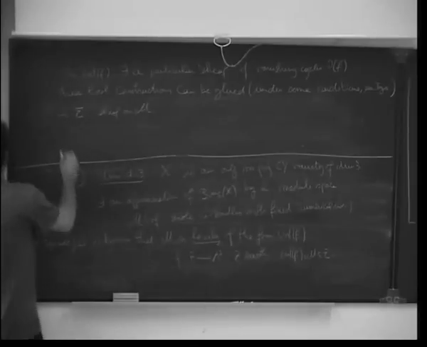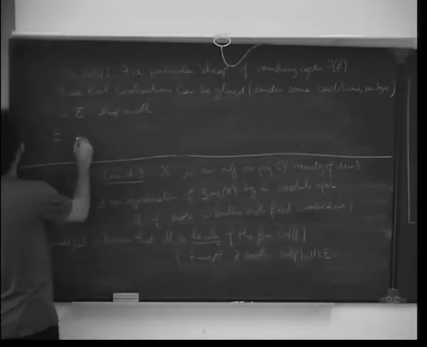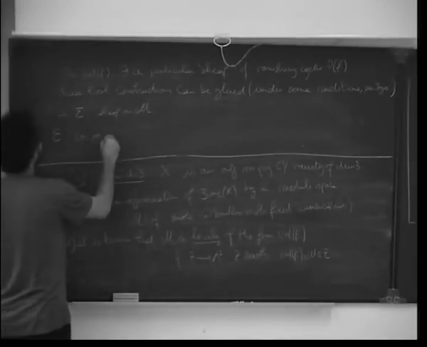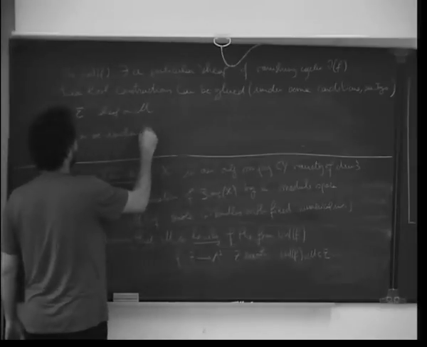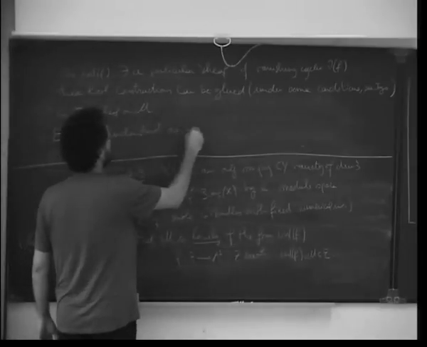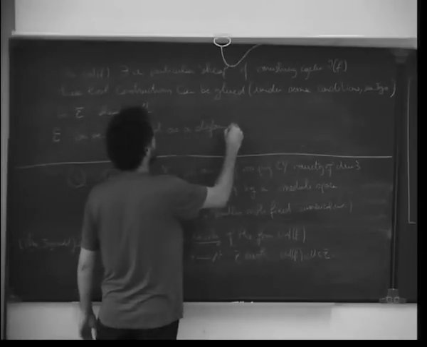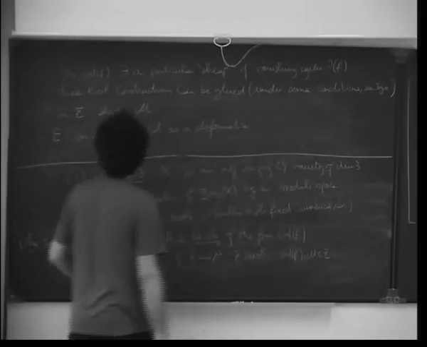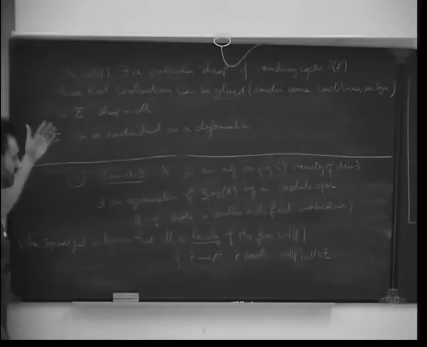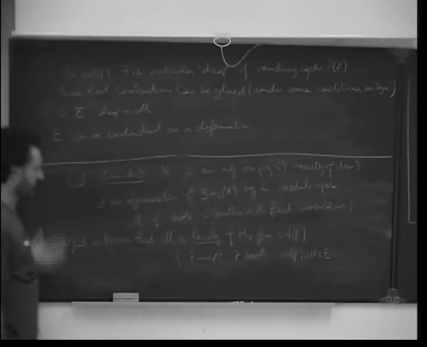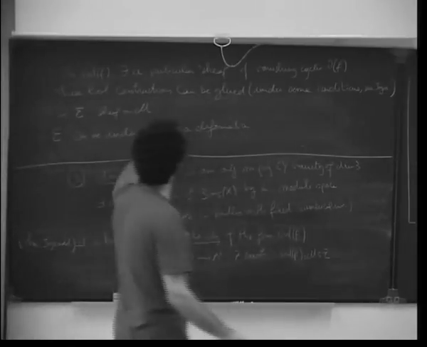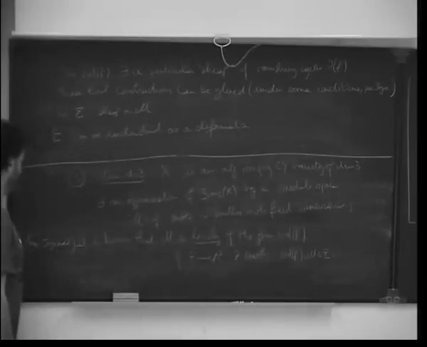Now this sheaf E can be understood as a deformation. So it's just a sheaf of vector spaces. It's not like a coherent sheaf or even a complex of coherent sheaf. It's really just a sheaf of vector spaces.